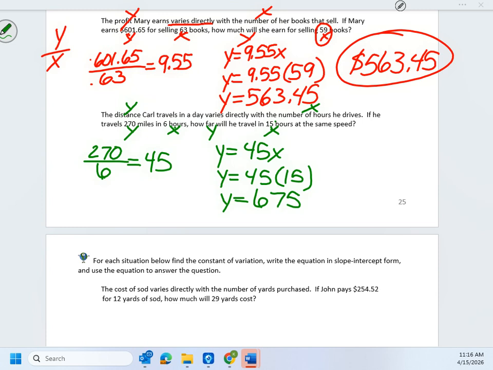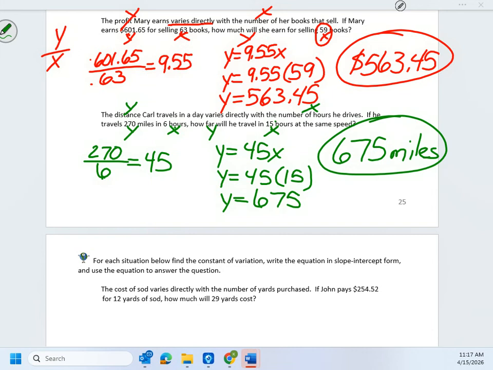He went a lot longer, so he's going to go a lot more hours. So it's not even close, right? It's over doubling our time. So it should be over double the amount of distance that he's gone. 675 is over twice as much. So it makes sense. So I'm going to write the answer, 675 miles makes sense.